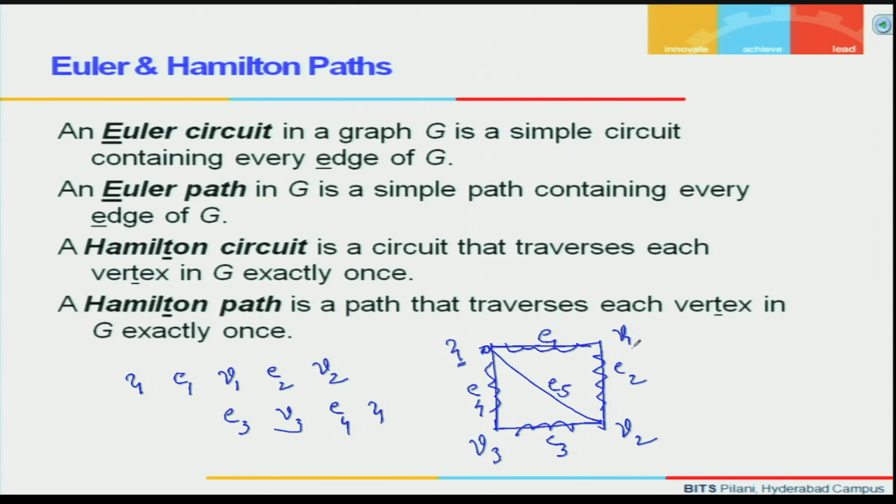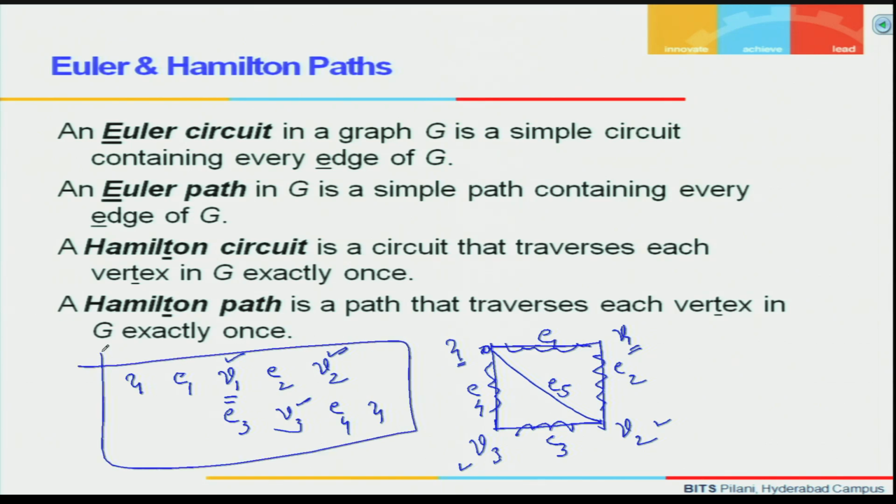Let us see whether vertex V1 is in this path. Yes, it is there. Is it there more than once? No, it is there exactly once. Say V2, it is exactly once in this path. V3, it is there exactly once in this path. Hence, this circuit is called a Hamiltonian circuit that traverses each vertex in G exactly once.